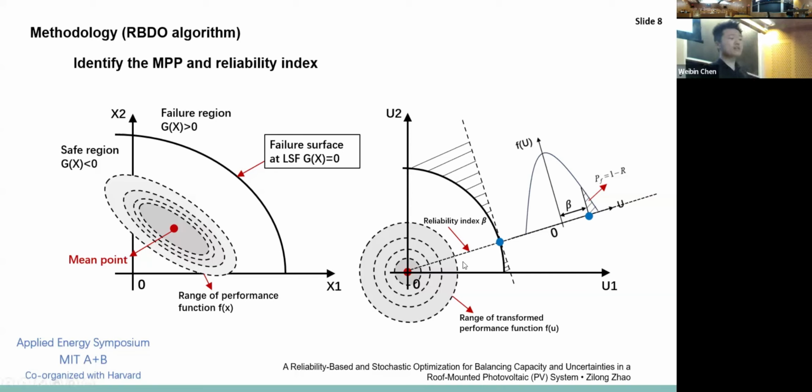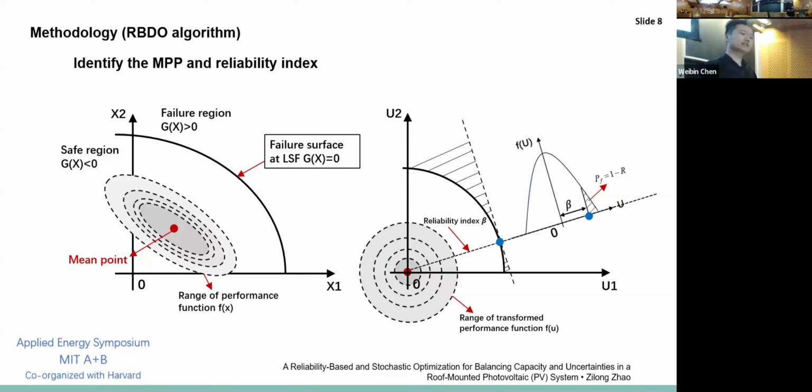This is to calculate the reliability index beta. It is the distance from the original point, because you have linearized your original variable space into a standardized space, right? So this is a standard circle, and the reliability index beta is the distance from the origin to the closest point on the failure surface.